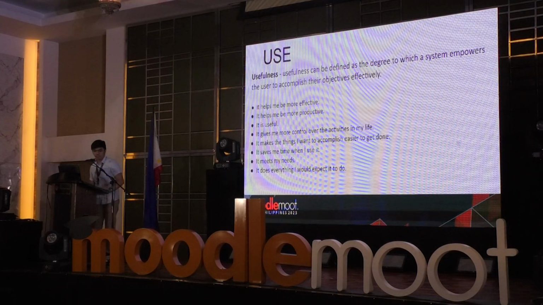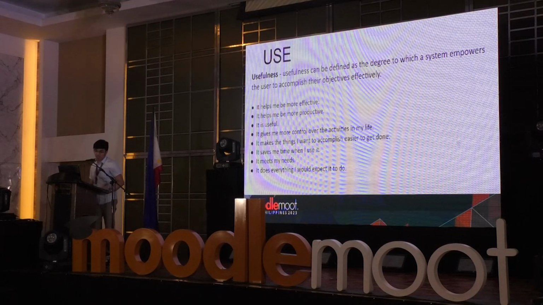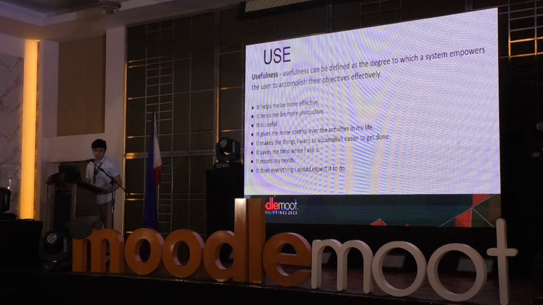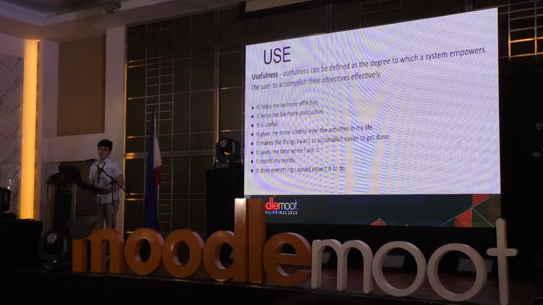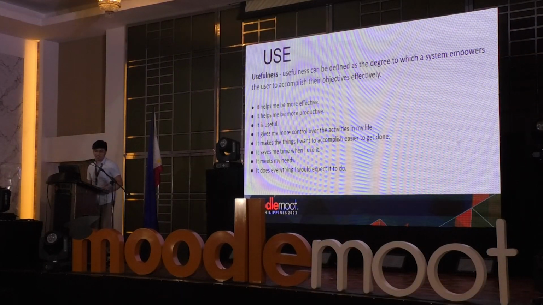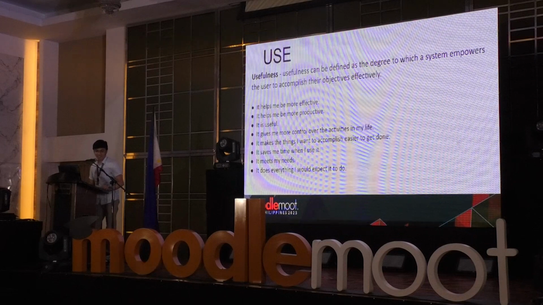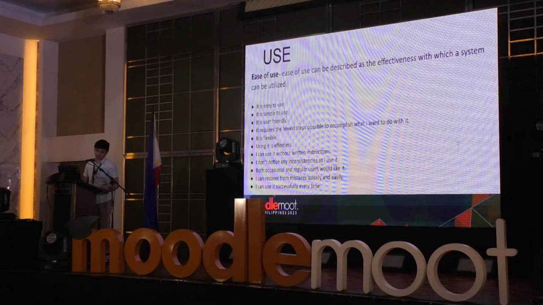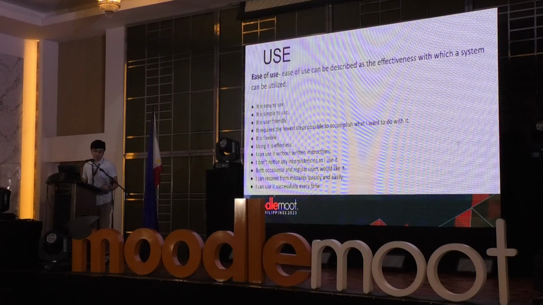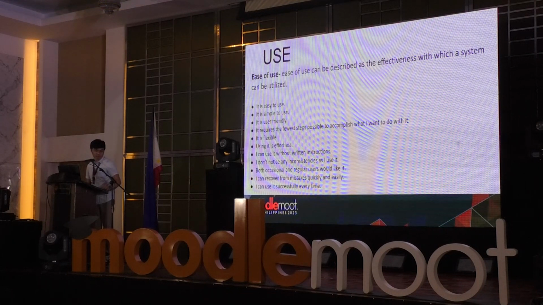First is the usefulness category. This can be defined as the degree to which a system empowers the user to accomplish their objectives. Below are the questions pertaining to usefulness. I'll not read them out because there are quite a few. Next is ease of use, which can be described as the effectiveness with which a system can be utilized.